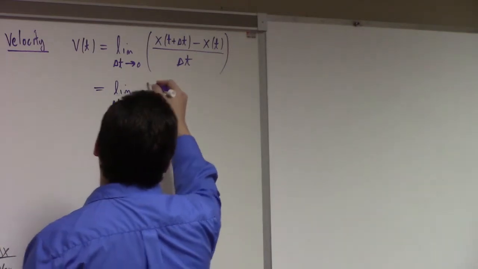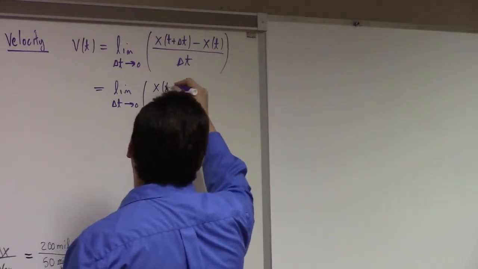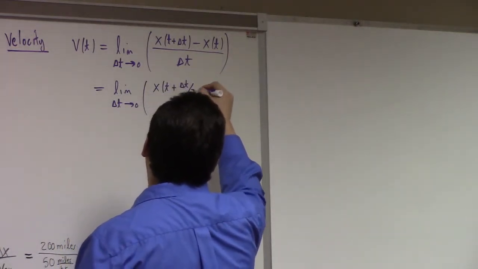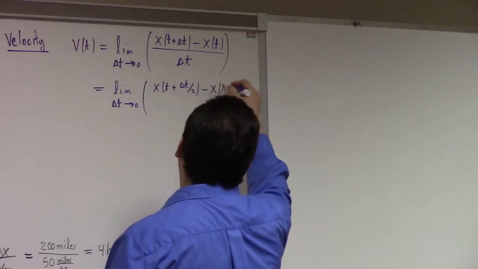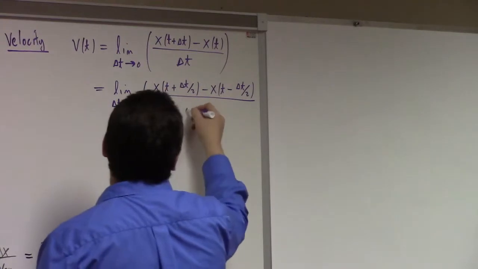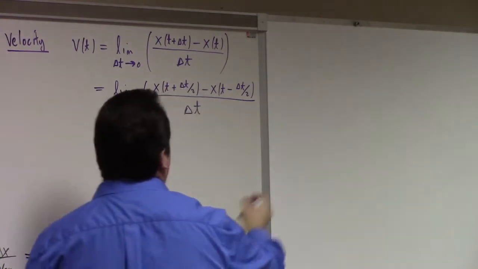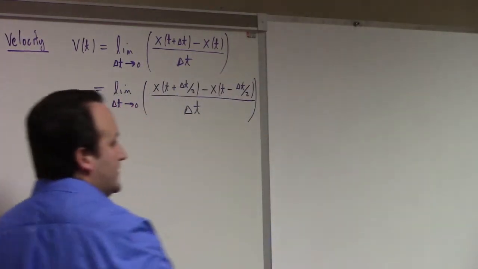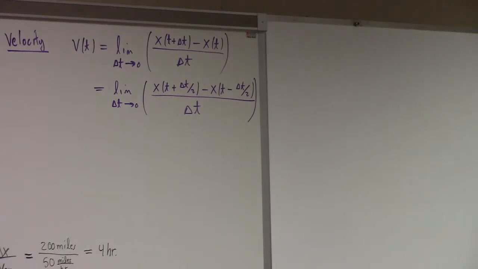You could do this if it floats your boat. Same thing. Different looking limit calculates the same quantity. This is a double-sided limit, so delta t is going to 0 from the left and the right.